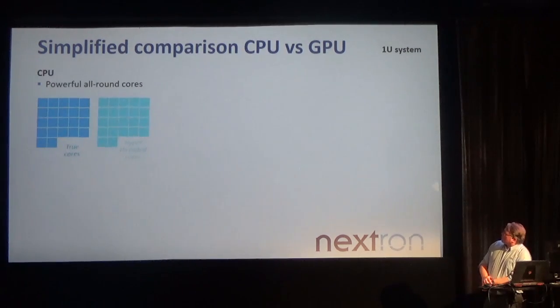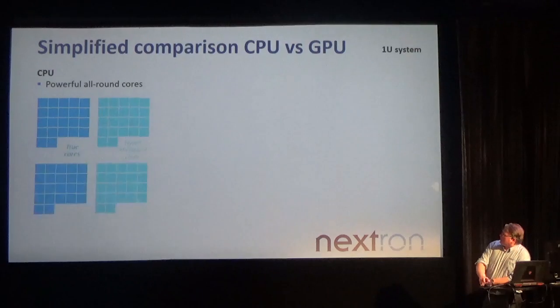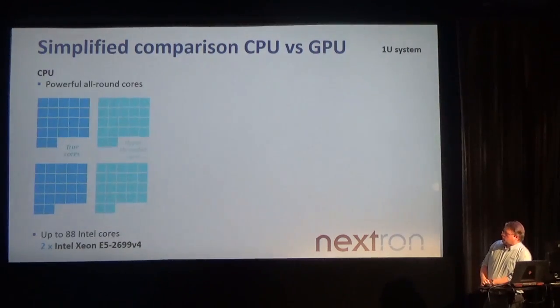So to give the CPU all the advantages it can, let's assume that the software supports hyper-threading fully. So you actually get 44 cores out of 1 CPU, and then you have 2 of them, so you end up with a total of 88 cores. That is the highest core count per single system with 2 CPUs you can have today.